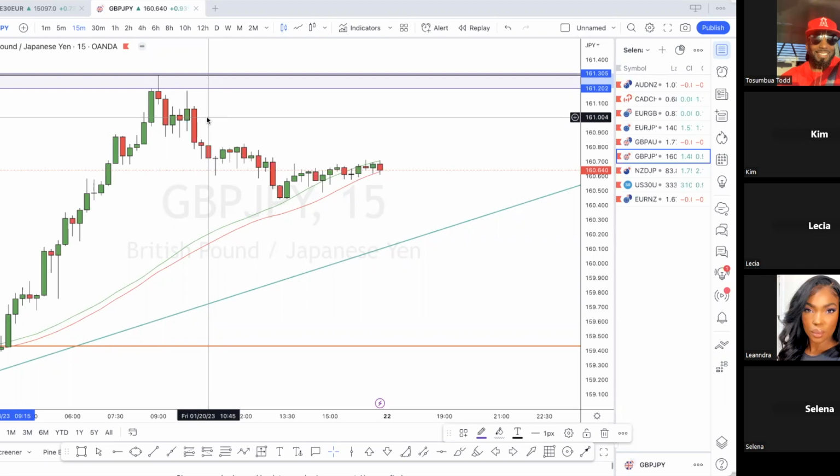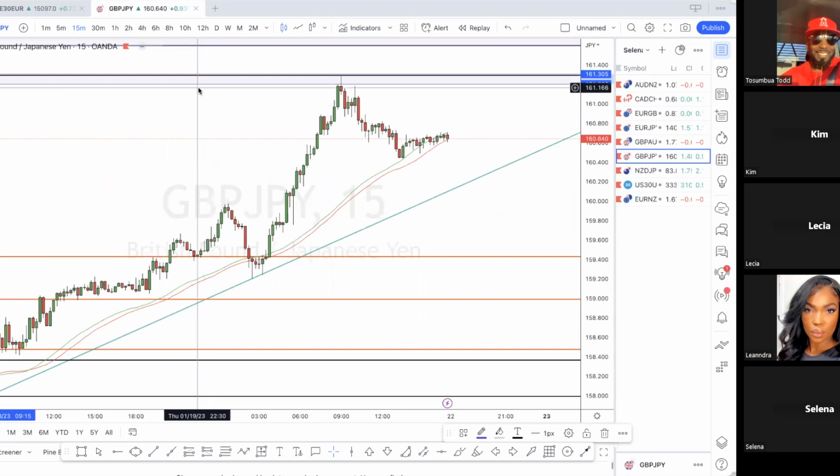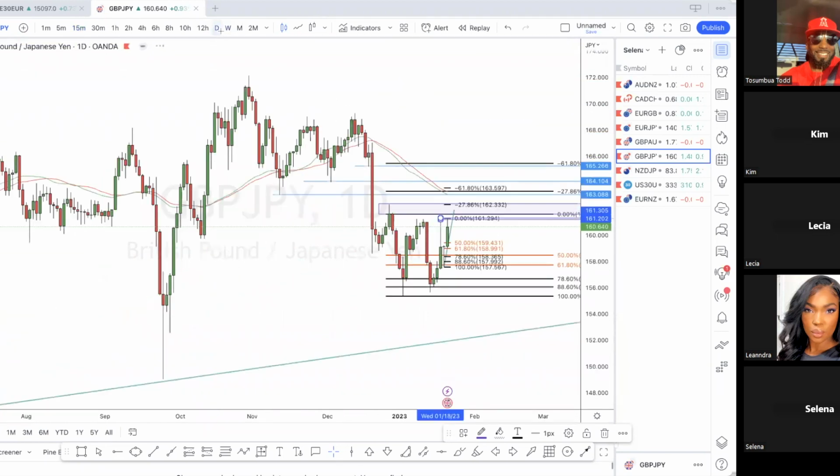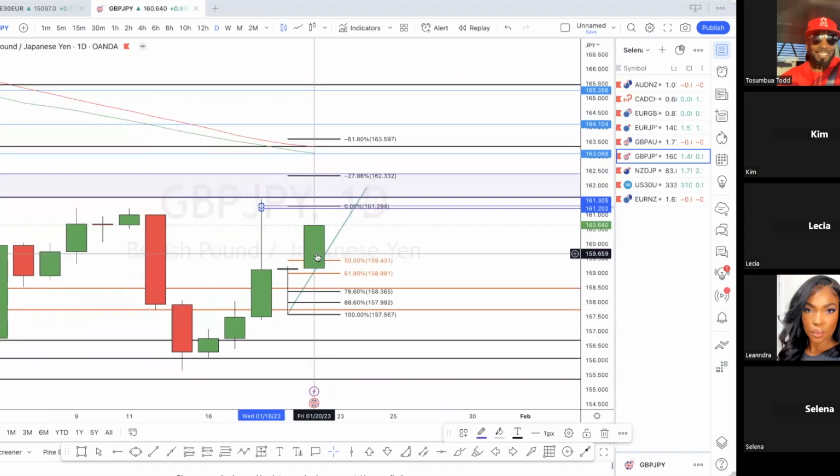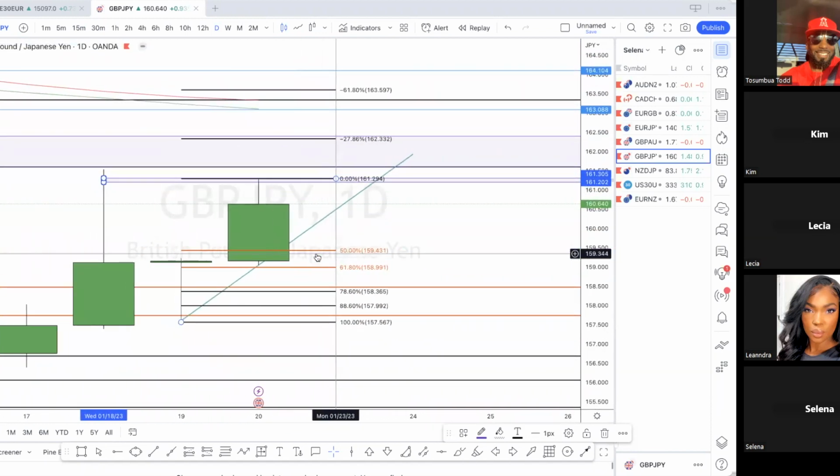So why wouldn't the same thing happen on these higher time frames? So you're saying when this candle closed, it opened here and pulled back first, and then went up. So that's the same way that I trade these weekly candles.